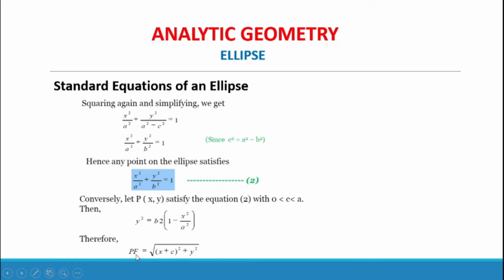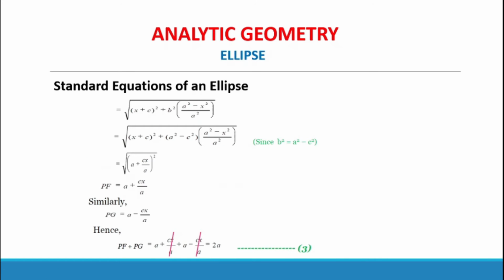Therefore, PF is equal to the square root of (x plus c) squared plus y squared, and it is equal to the square root of (x minus c) squared plus b squared times (a squared minus x squared) all over a squared, which simplifies to the square root of (x minus c) squared plus (a squared minus c squared) times (a squared minus x squared) over a squared.